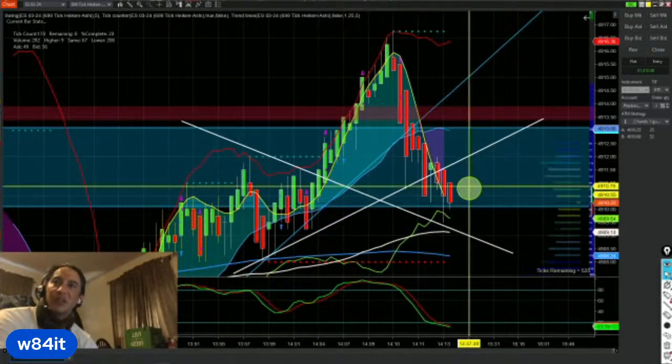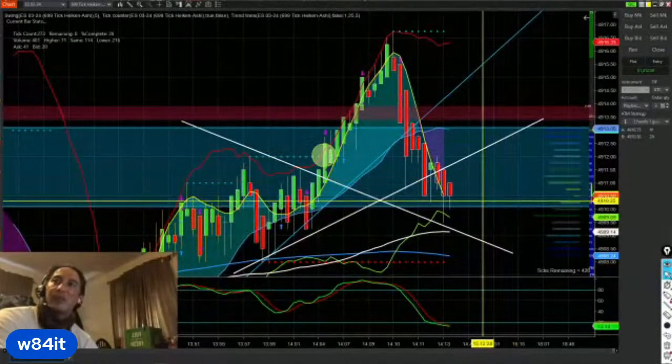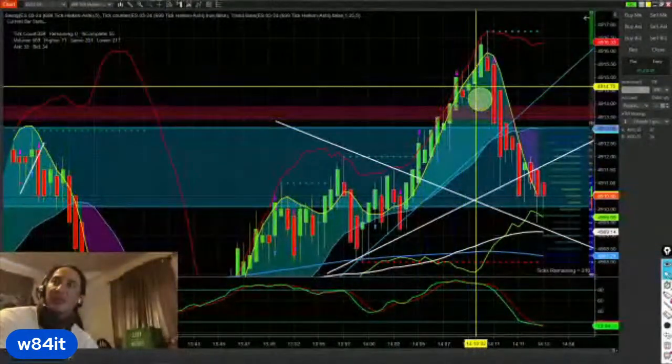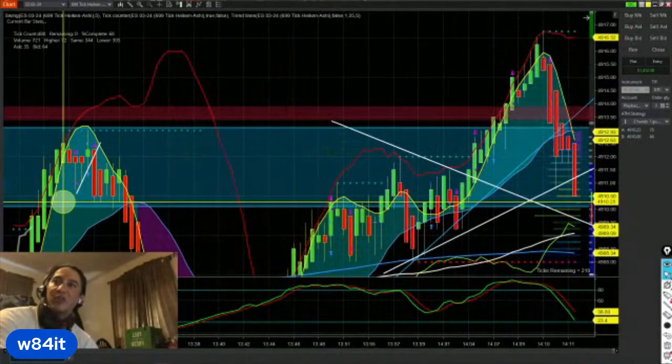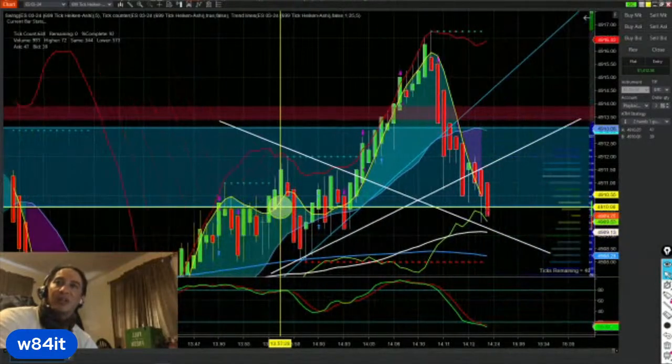And so got to be careful here because it could be setting up for a reverse, like a dump. I don't know if it didn't stay up here, but it could be trying to find support on the low of consolidation of this move right here, which is fair.